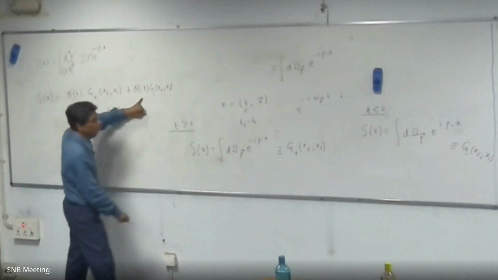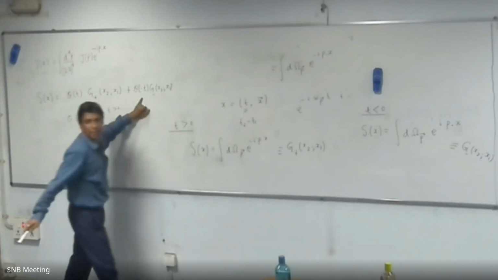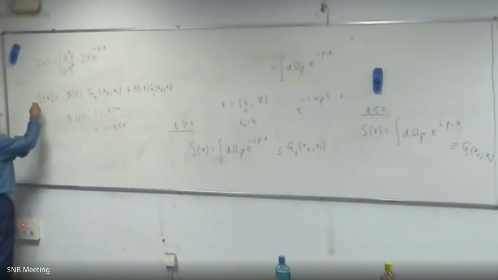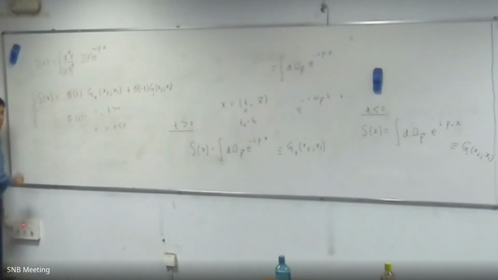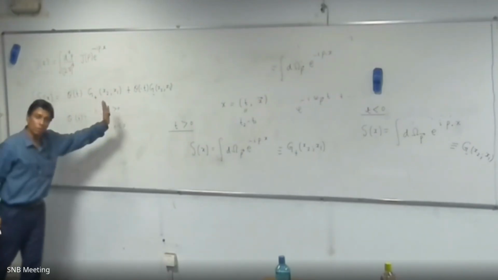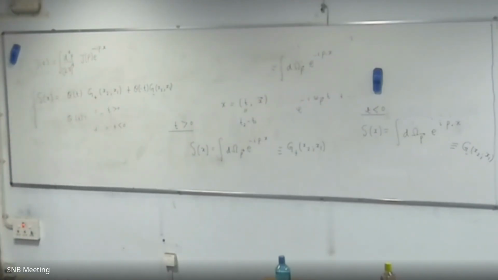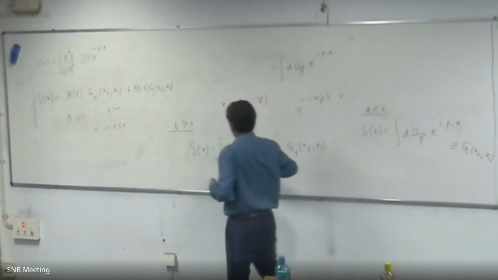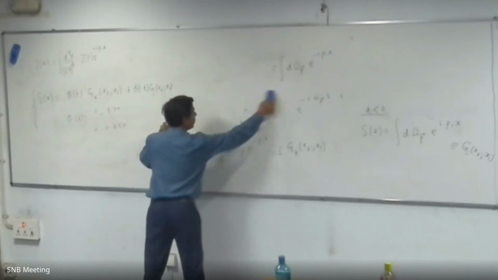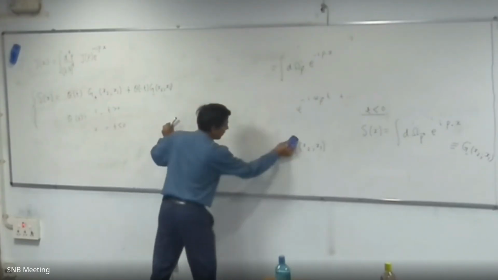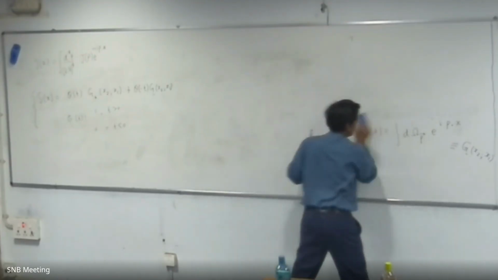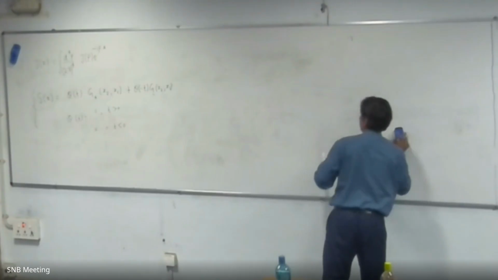At t less than 0, জন্য s of x হচ্ছে g minus. Okay, so now I have been able to write down a function s of x which holds for all values of t, t greater than 0, t less than 0, right? So this is a kind of time ordering that I have done. So if you look at this expression, this is called the Heaviside theta function.